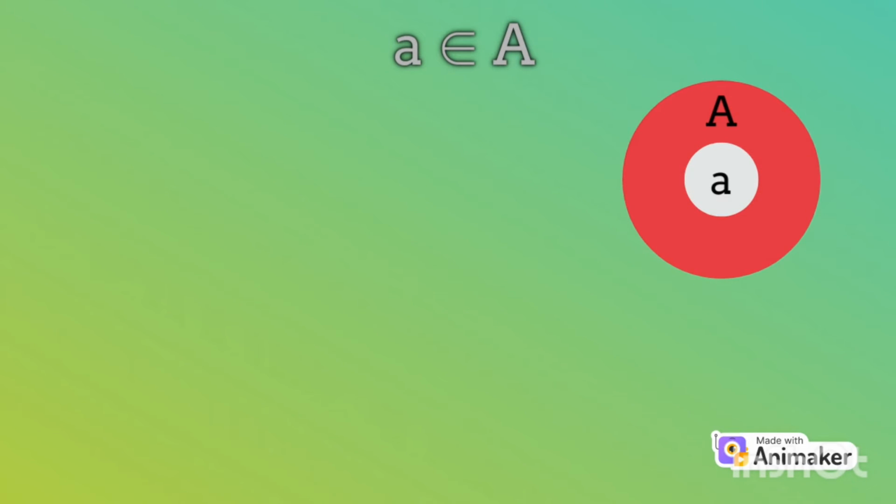Small a is contained within the circle, in its perimeter, which means small a is a member of capital A, or small a is an element of capital A. That's what we are telling.